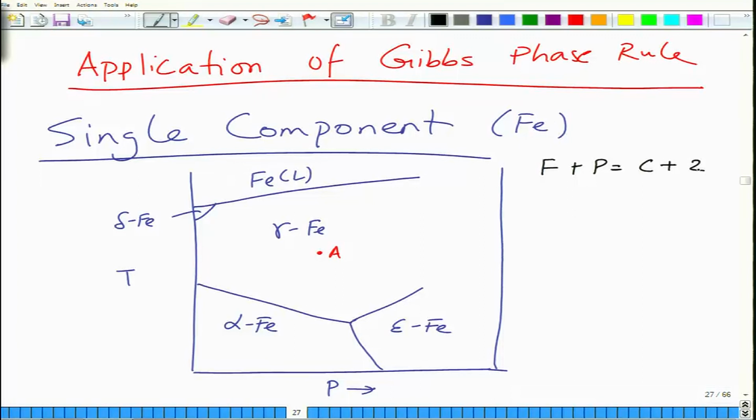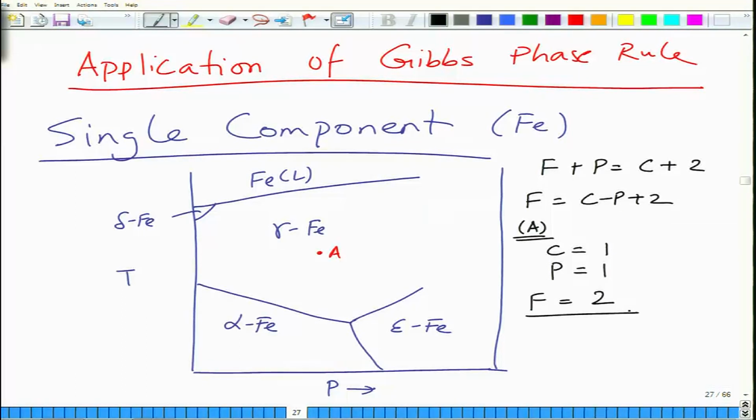In this case, pressure is not constant, so F plus P is equal to C plus 2. So F is equal to C minus P plus 2. Number of components in this system, let's apply for point A, is equal to 1, that's pure iron. How many are the number of phases? At point A we have only one phase, so P is also equal to 1. So F turns out to be 2.